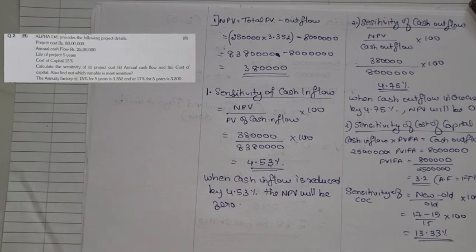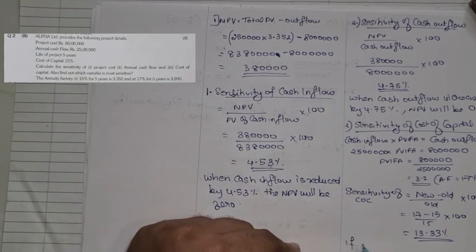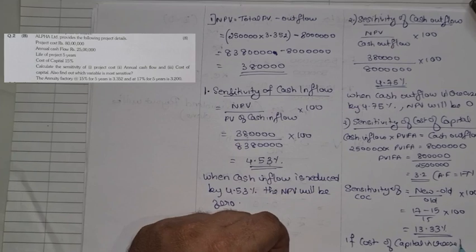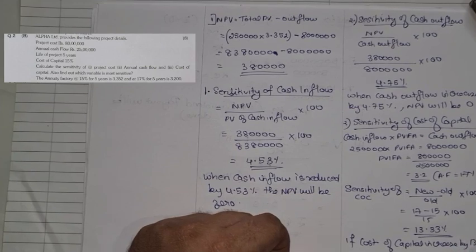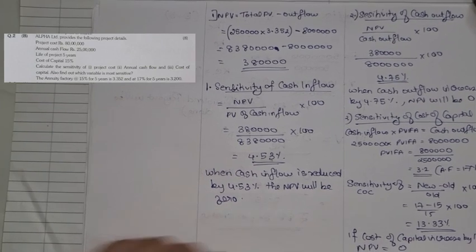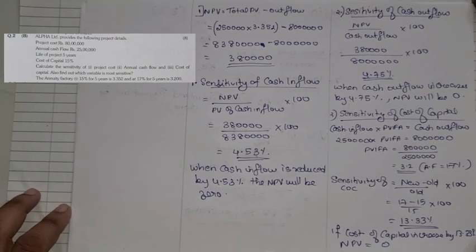So it means that if your cost of capital increases by 13.33%, your NPV equals 0. That's the basic meaning of it.